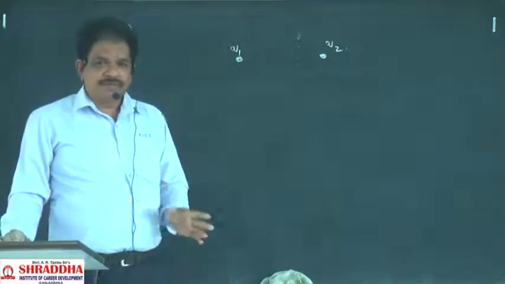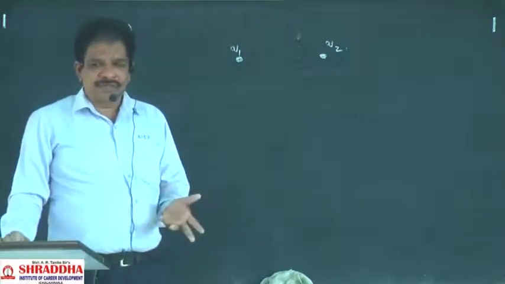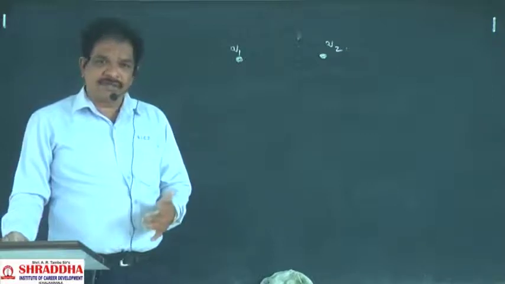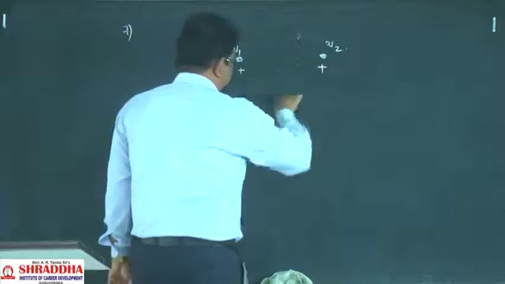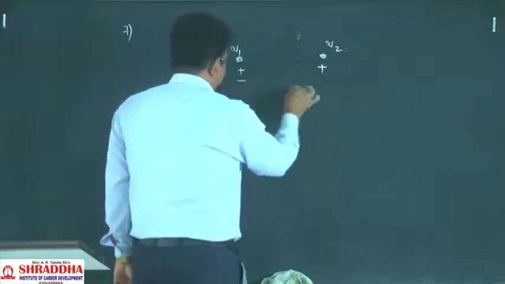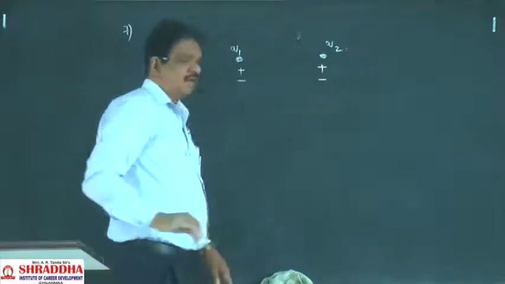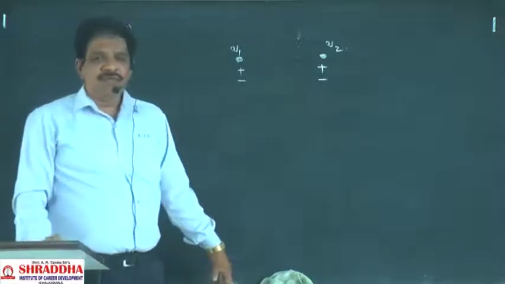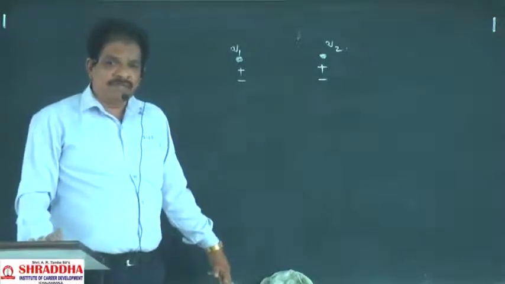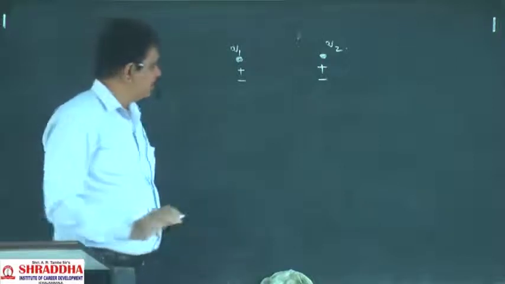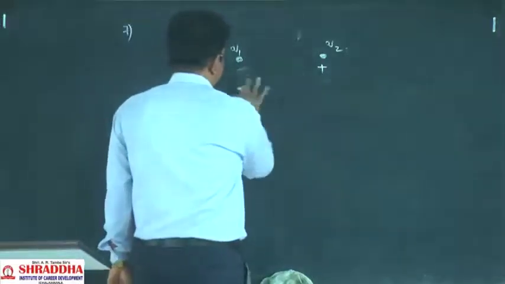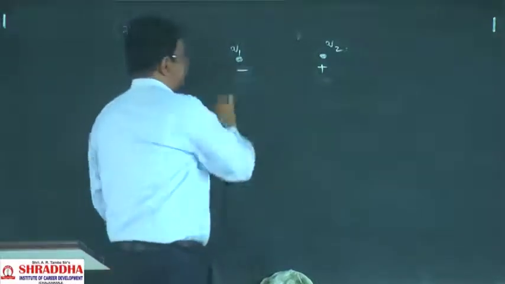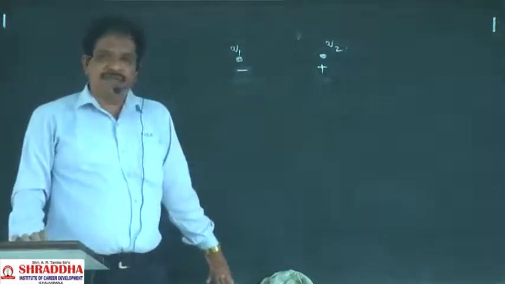Okay. So charges are of two types, positive charge and negative charge. If it is positive, and the other is also positive, or if it is negative, and the other is also negative, they will repel each other.